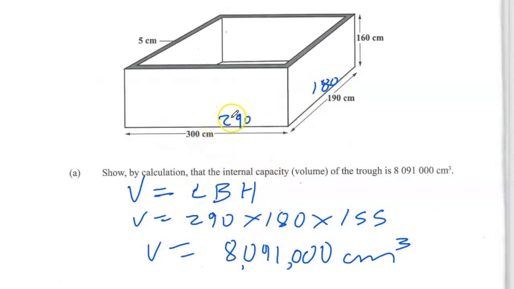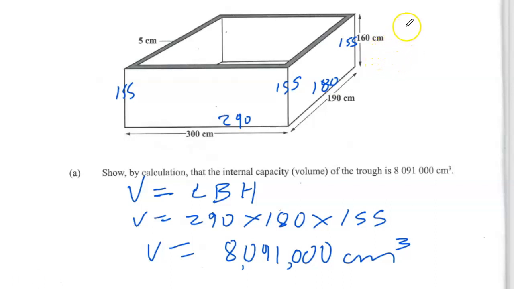The side piece here, of course, will be 155, subtracting the 5 centimeter thickness from the 160. So we have all sides now.